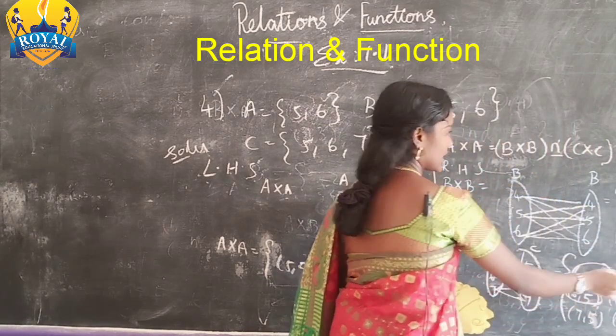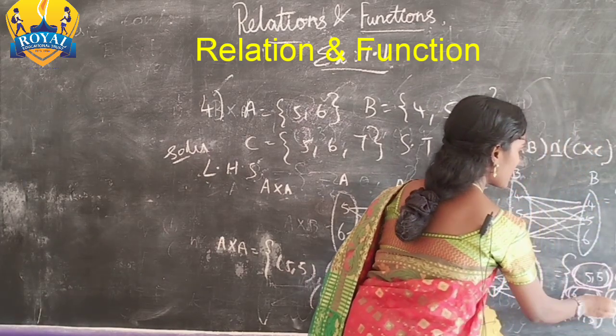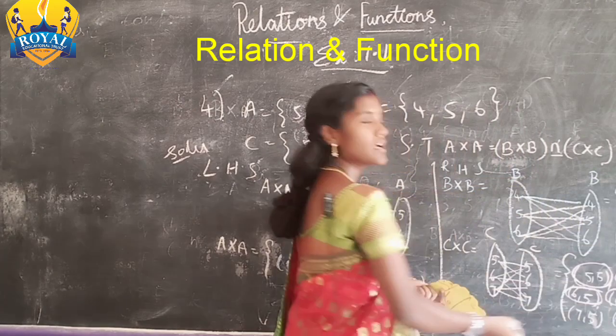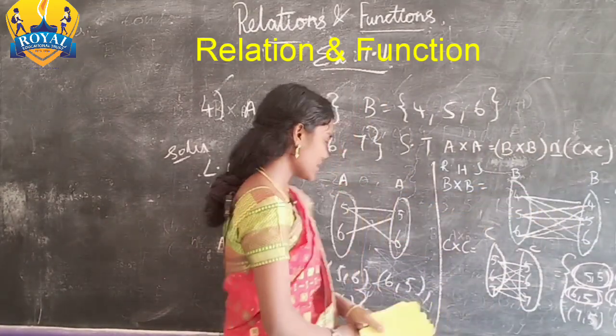Then 6 comma 6, 6 comma 6. These are the common pairs of B cross B and C cross C.